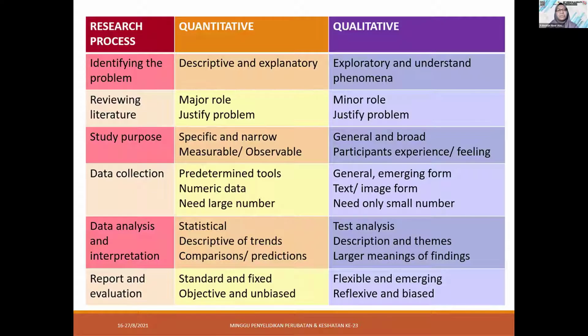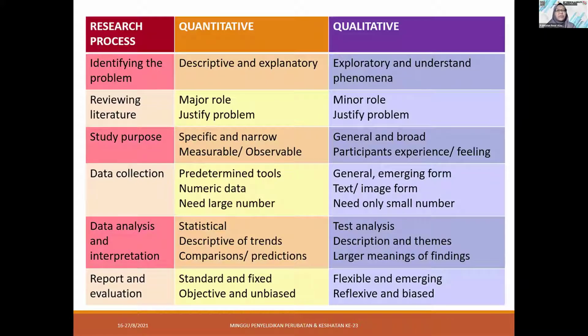So in terms of the research process for both quantitative and qualitative research, first, in identifying the problem, quantitative is usually descriptive, exploratory, or explanatory, whereas qualitative is more exploratory and seeks to understand how a phenomenon occurs.